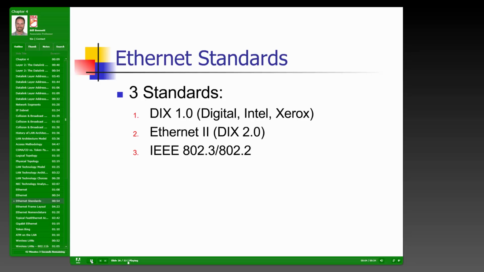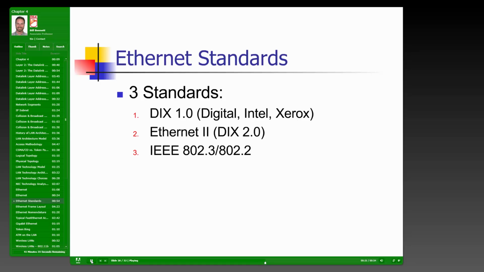Ethernet has had three standards in its lifespan. The first standard was known as the DIX 1.0 standard. It was developed by Digital, Intel, and Xerox, so we just used the first letter of each of those companies and came up with DIX. The second version was Ethernet 2, also known as DIX 2.0, and then modern-day Ethernet is the IEEE 802.3 and 802.2 standard.